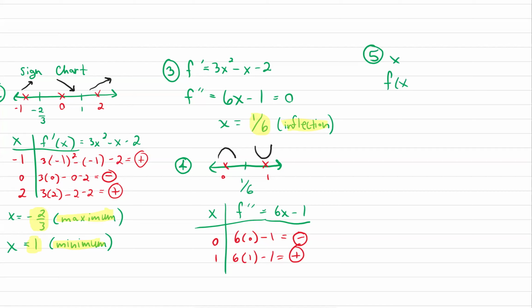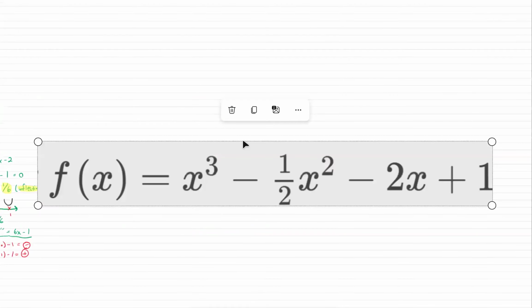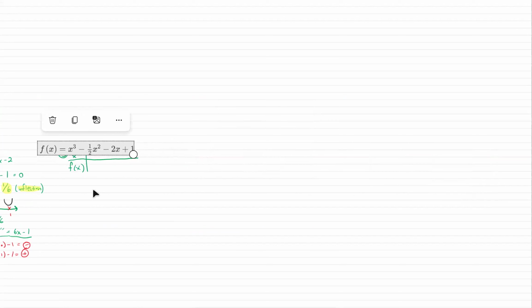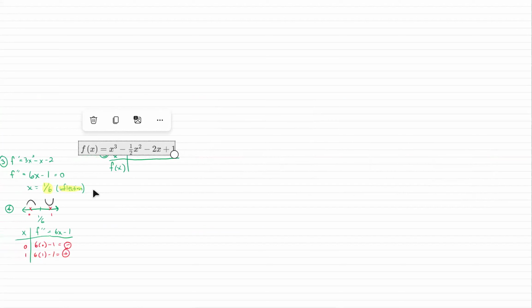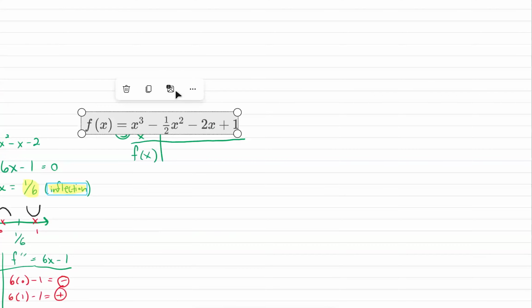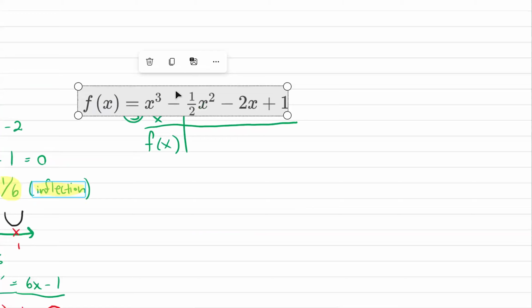And now these are going to get plugged into the original function f of x, that was this here. And those values that we're plugging in were the -2/3, +1/6, and the 1. You can have a calculator do that for you.